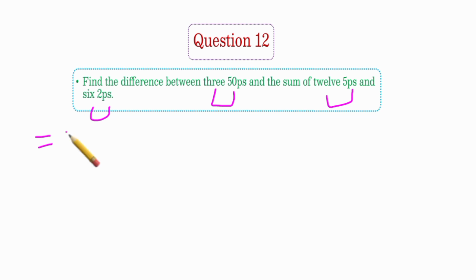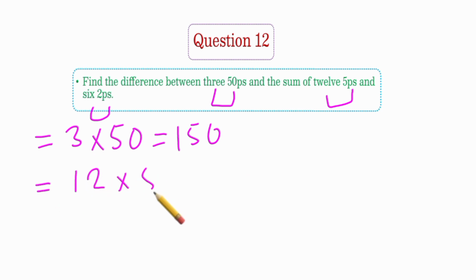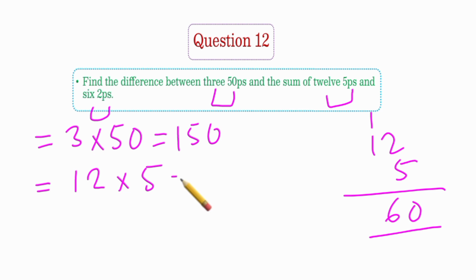3 times 50 gives you obviously 150. Then the second number was 12 times 5. If we do 12 times 5, we get 60. So it is 60p.